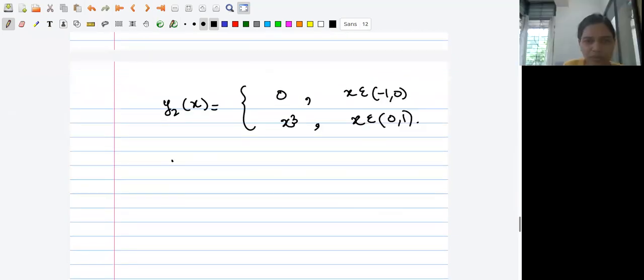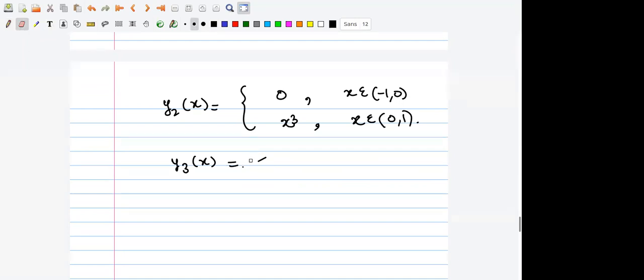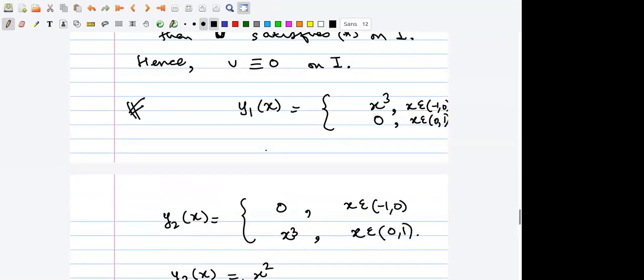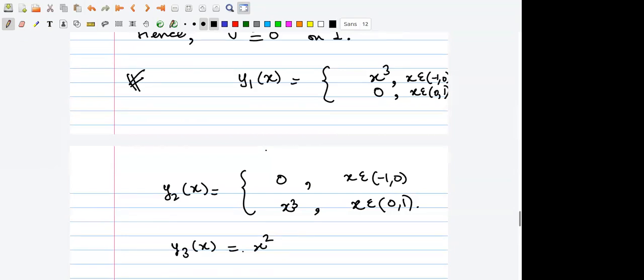Let me write that down. So y3 of x is x square, right? You said x square. Yes. So this is, I think, totally fine. This is a basis. This is linearly independent, and this also satisfies the ODE. So the basis is not unique.